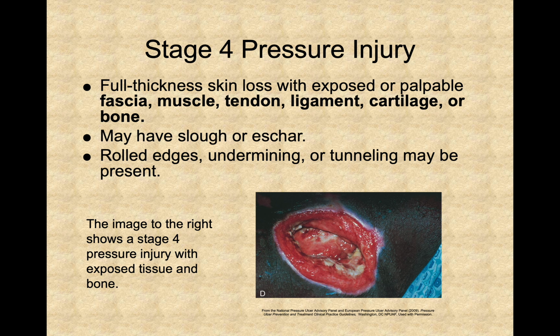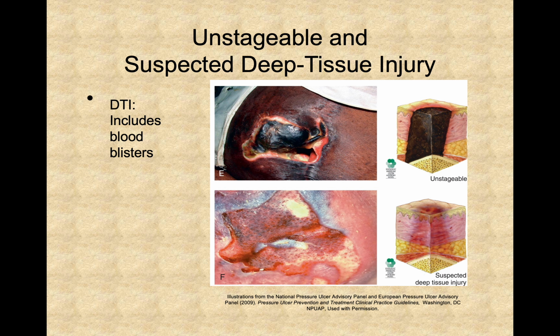So if that's the case, we have to get rid of that tissue through some sort of debridement mechanism to be able to stage the pressure injury appropriately. And we may even see, just like with the stage 3, undermining or tunneling. So again, undermining and tunneling don't define a stage, rather they're just things that may occur or that you may see on your assessment with a stage 3 or a stage 4 pressure injury.